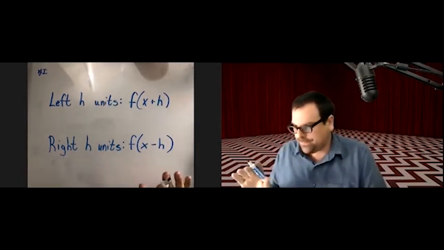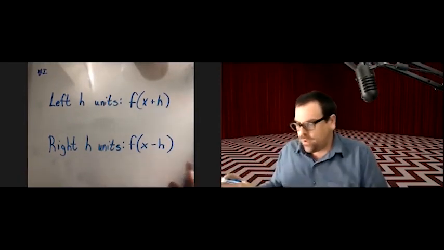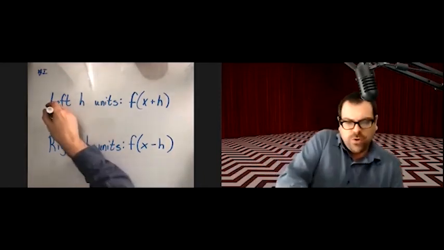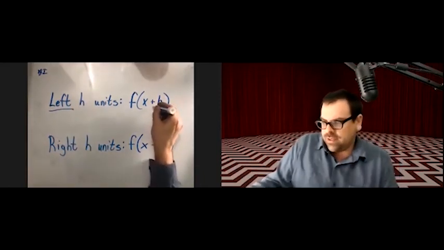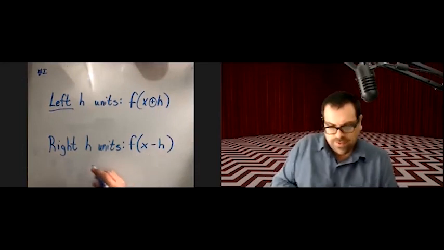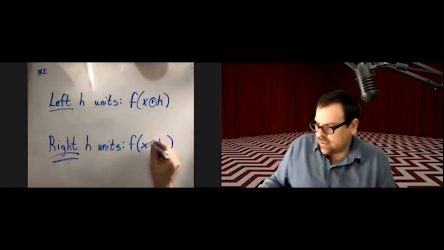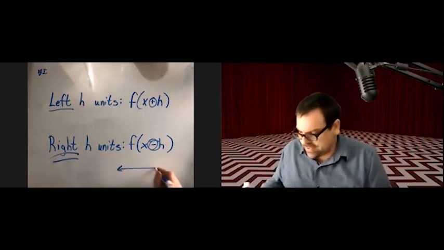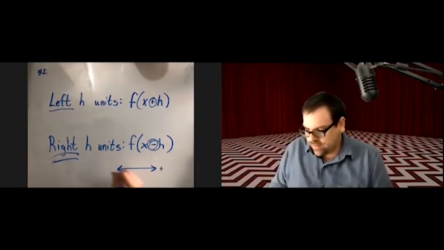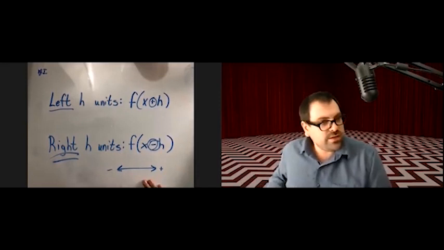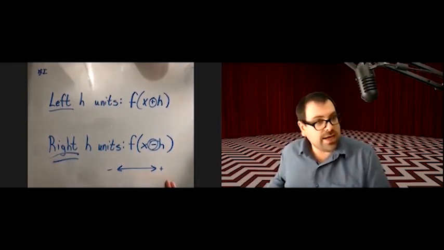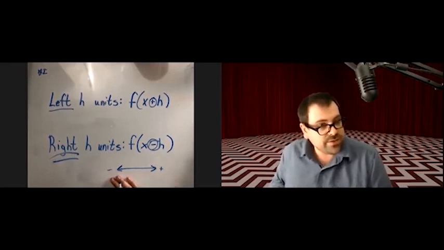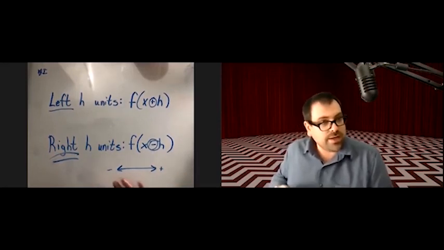So what does this mean? And I want you to notice the left is plus, right is minus. You might instinctively switch it because of the fact that a number line has pluses on the right and negatives to the left. But it's the opposite of what you'd think it is.